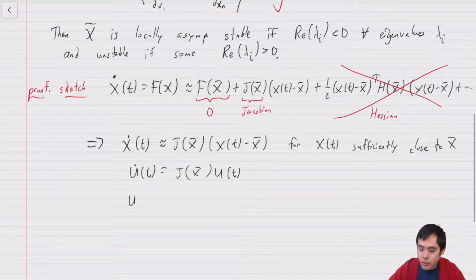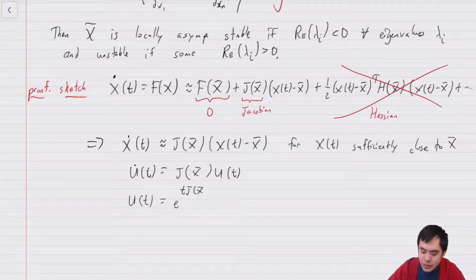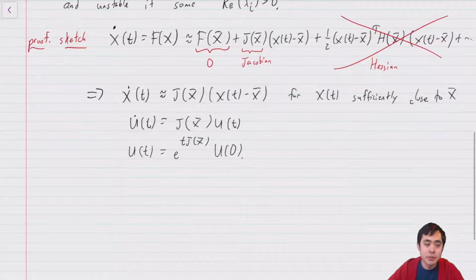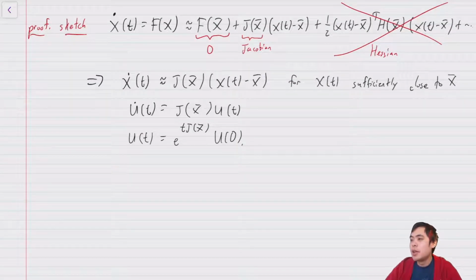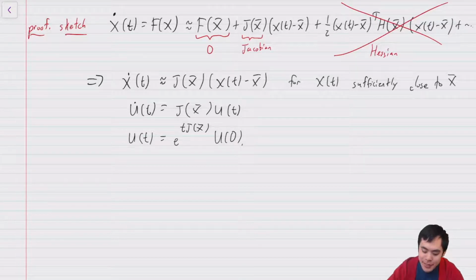And then we know how to solve a system like this given some initial conditions. So this is going to be e to the t J of x bar, a matrix exponential, times u of 0. Okay, so this is one of the reasons why we spend so much time on the matrix exponential, because it allows us to prove things about this, even if it's not necessarily the fastest way of actually solving a particular problem.